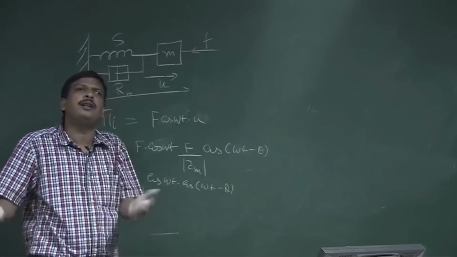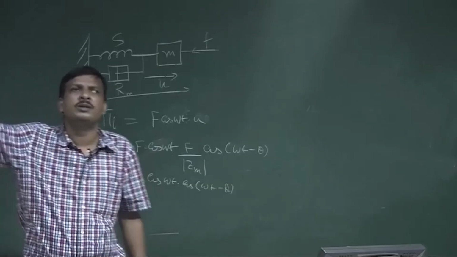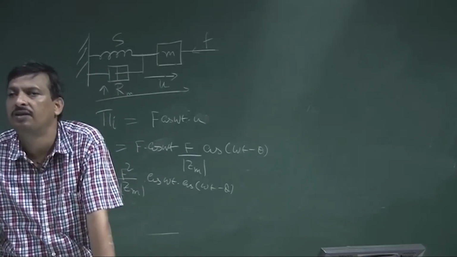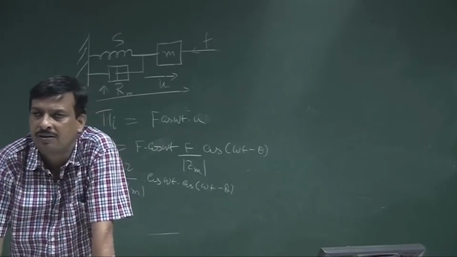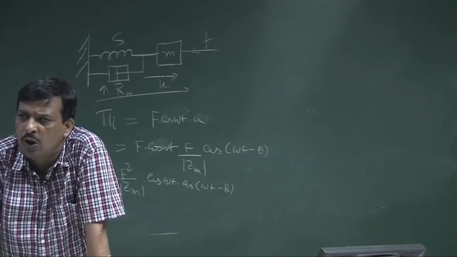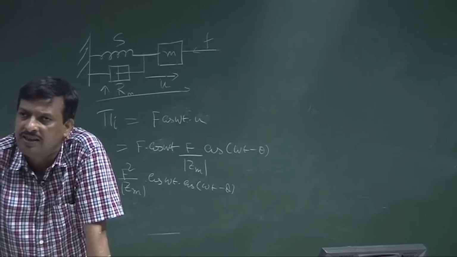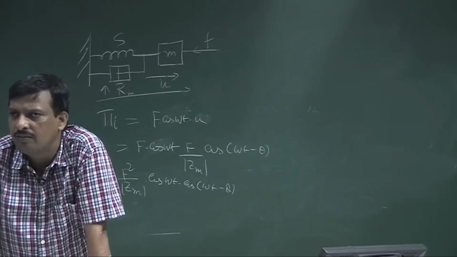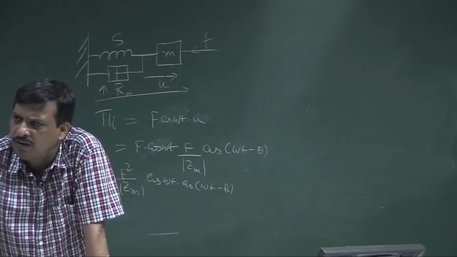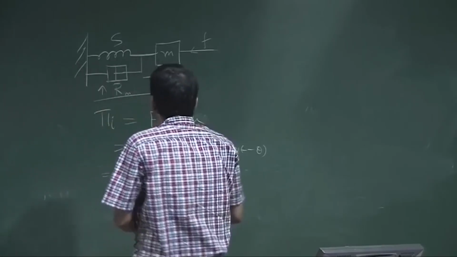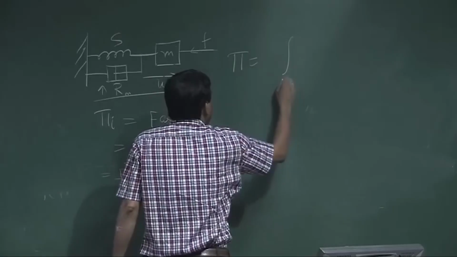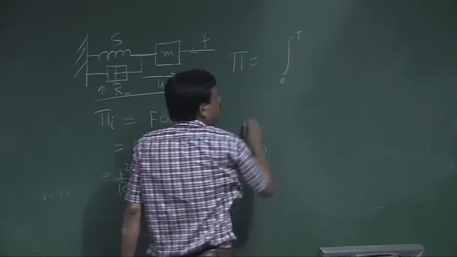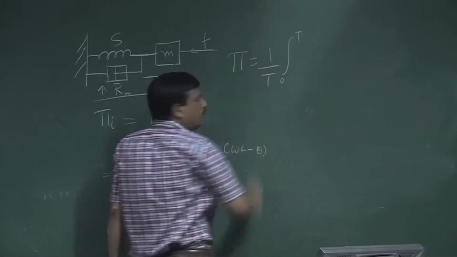Suppose I have a sine wave and I want to calculate the average energy. Since it is periodic, within one period how much power there is, divided by the length of the period, is the average power. So, I can say that average power is nothing but the integration from 0 to T, where T is the period, multiplied by 1 by T.